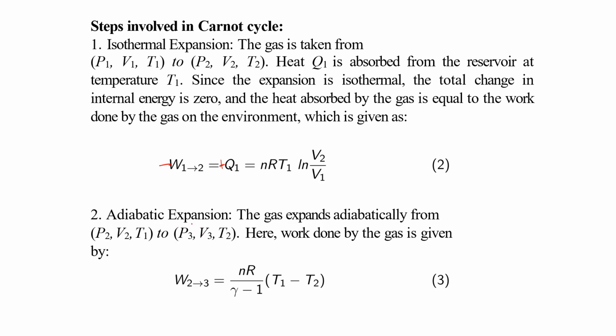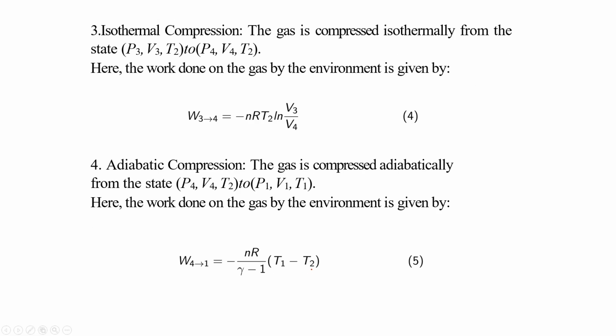Second is adiabatic expansion. The gas expands adiabatically from P2 V2 T1 to P3 V3 T2. Here the work done by the gas, W2 to 3, is nR by gamma minus 1 times T1 minus T2. Third is isothermal compression. The gas is compressed isothermally from state P3 V3 T2 to P4 V4 T2.